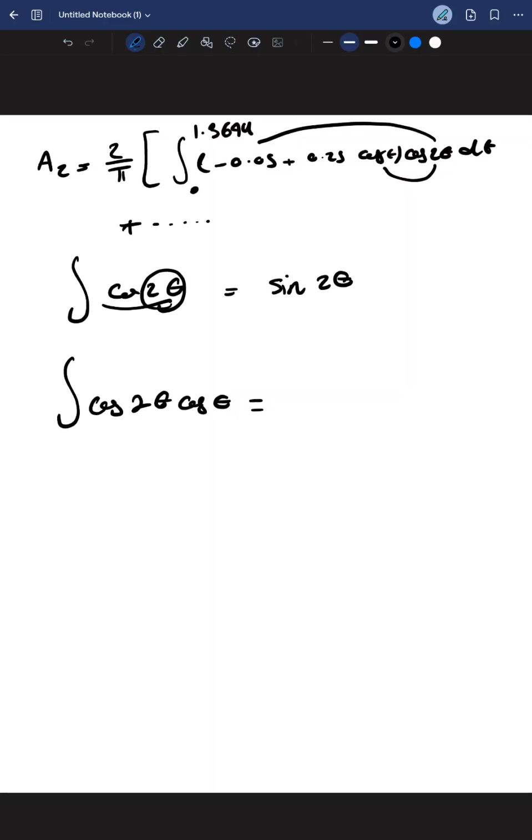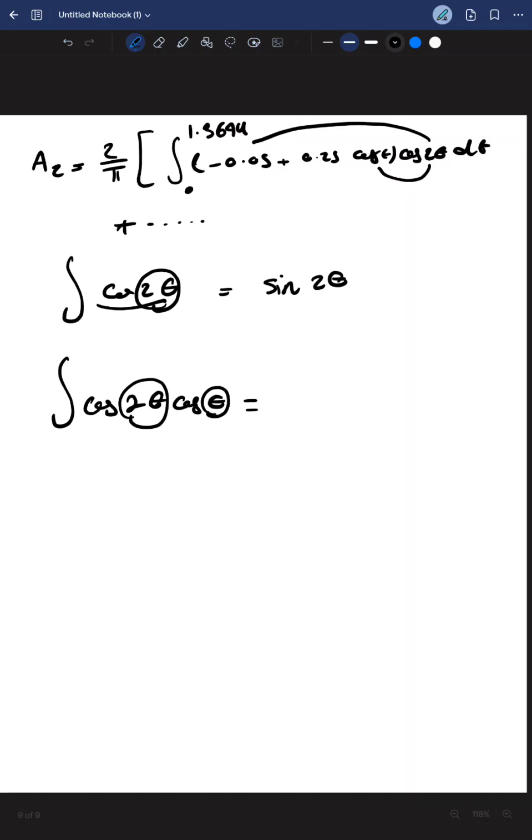And then for cosine of 2 theta multiplied by cosine of theta, the final integral is, I think, sine of theta divided by 2 plus sine of 3 theta divided by 6. Make sure to double check this. I'm just recalling this from memory. I don't want to do the integrals, but make sure to double check this and include these in your cheat sheets.